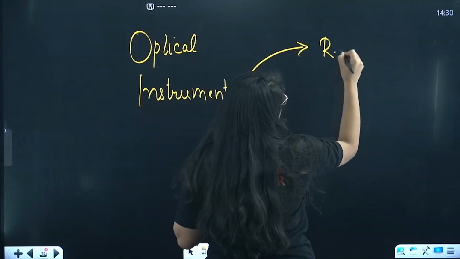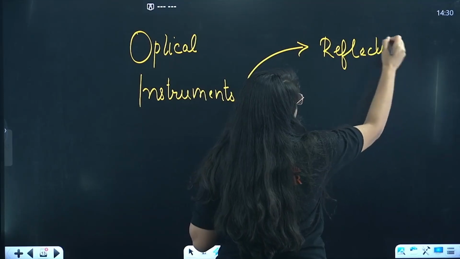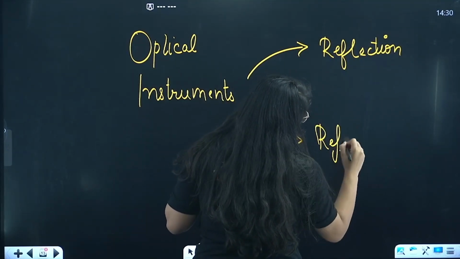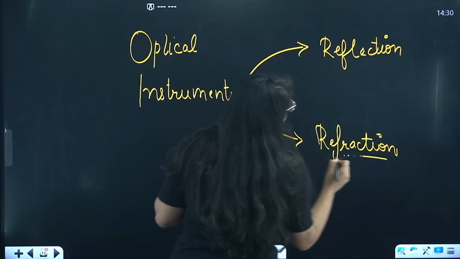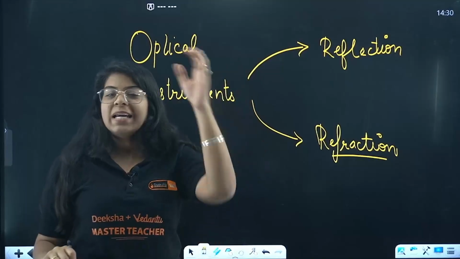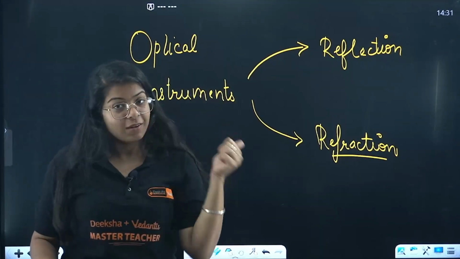First is reflection, and second, we know it is refraction, right? Both of these are very different, so make sure you know that. And beta, this will come in your periodic tests, we all know that, so make sure you do this chapter with full attention.